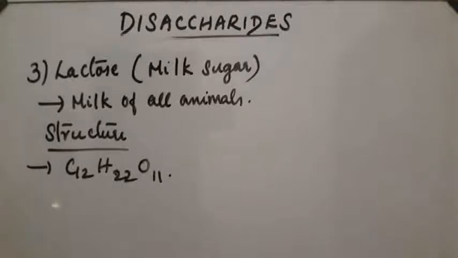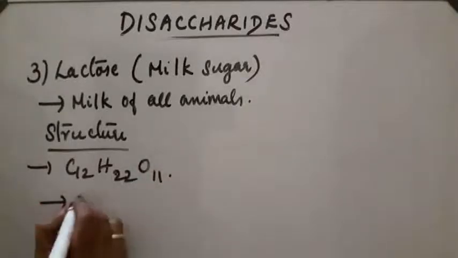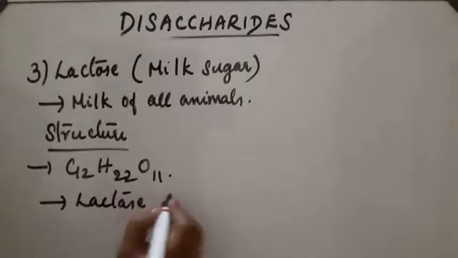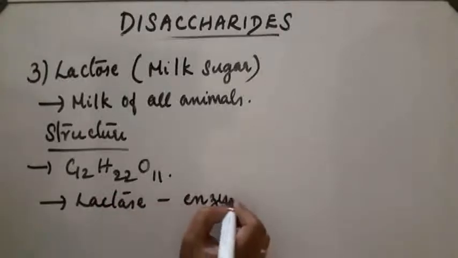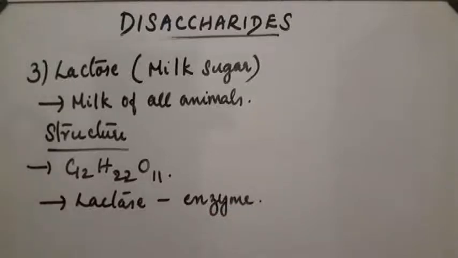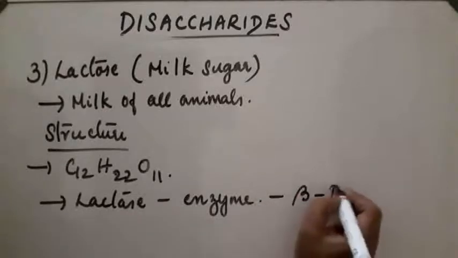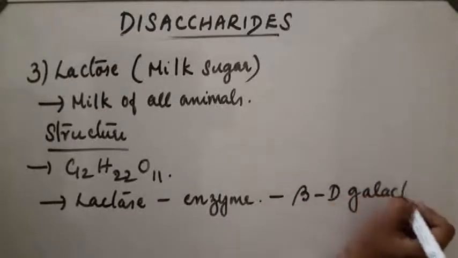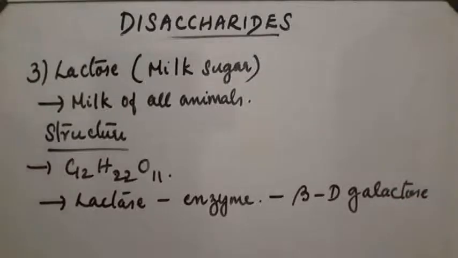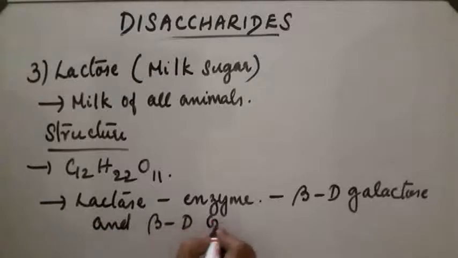It consists of two monosaccharide units, obtained by hydrolysis of lactose in the presence of an enzyme called lactase, which gives beta D galactose and beta D glucose.